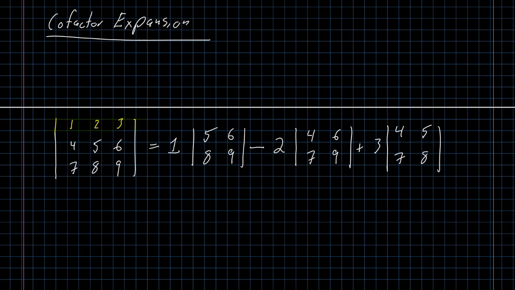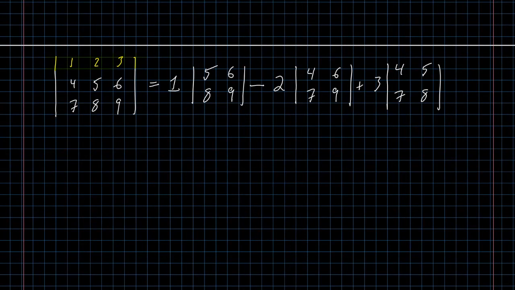The method of cofactor expansion turns taking the determinant of an n by n matrix into taking the determinant of n slightly smaller matrices. In this case, I went from 1 3 by 3 matrix down to 3 2 by 2 matrices.